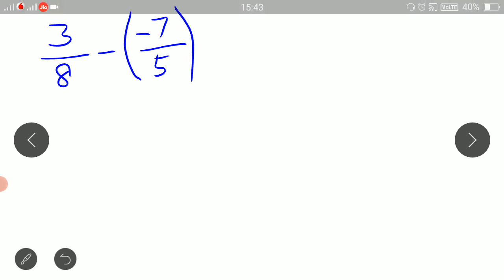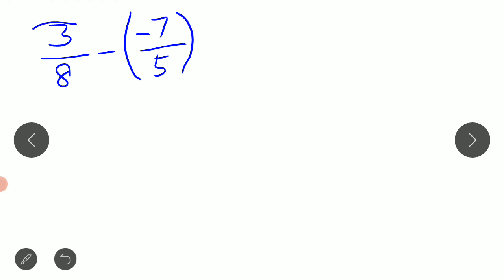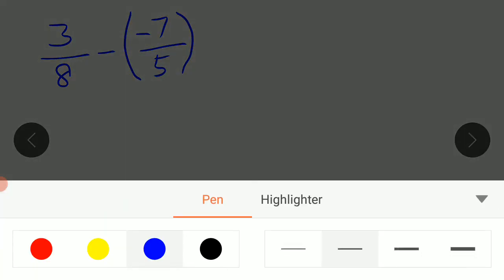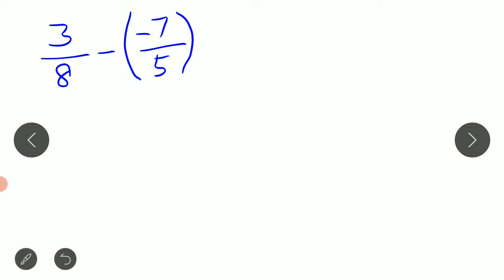That is, from 3 by 8 we are going to take away minus 7 by 5. It is subtraction of rational numbers. So what is the first step we do to subtract rational numbers? See whether the denominators are same or not. Here the denominators are different, so we go to the next step, finding the LCM of the denominators.